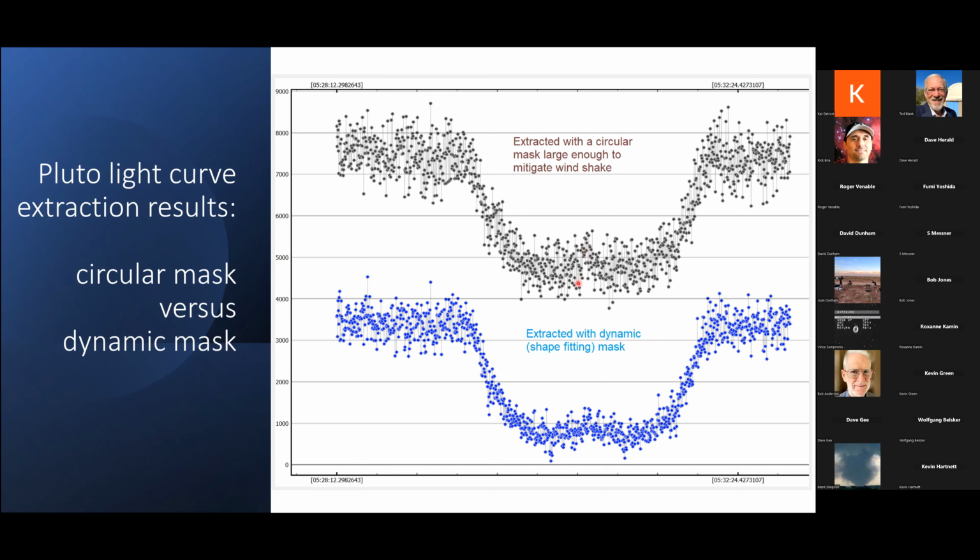So it was expected that there would be a central peak, and we can see it. This was what a light curve would look like that used a circular mask large enough to mitigate wind shake. And it's mitigated because we don't have big excursions. But this is what we got by extracting using that dynamic shape-fitting mask.